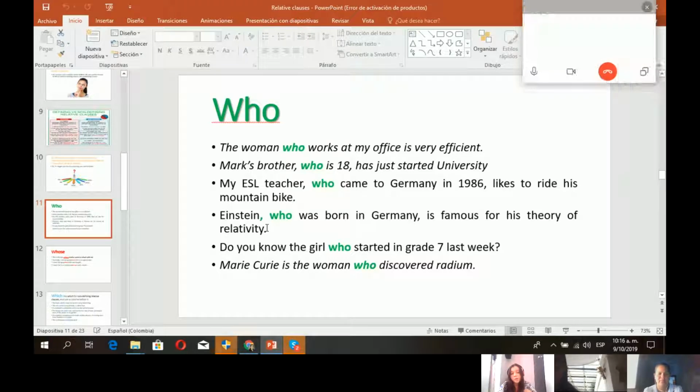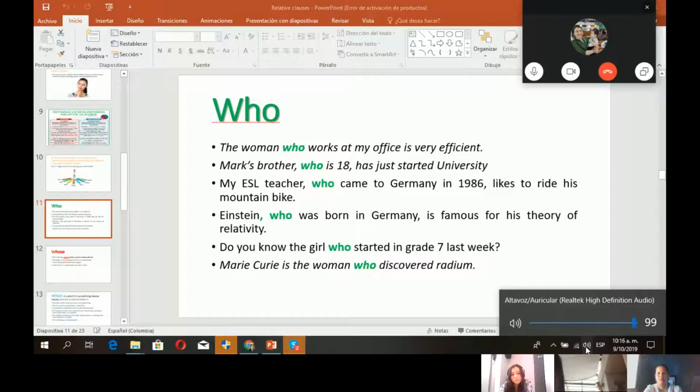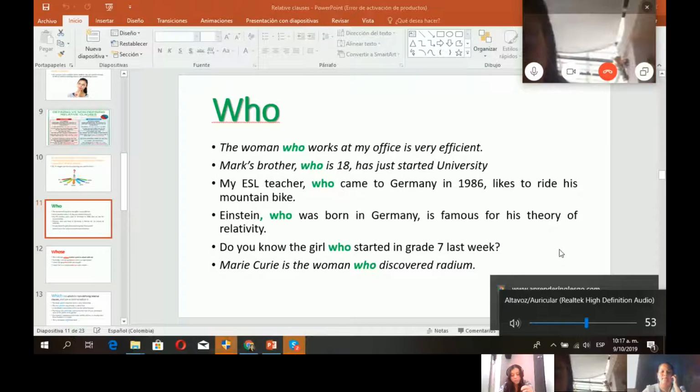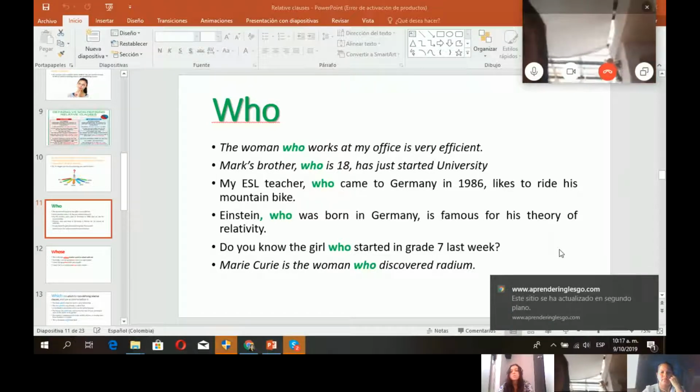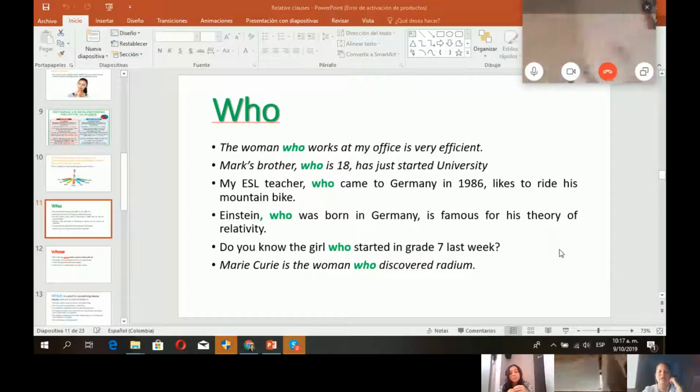Einstein, who was born in Germany, is famous for his theory of relativity. Maria Fernanda, the next, please. Do you know the girl who started in grade 7 last week? Okay. Remember, for this part it is a question. The intonation is so important.